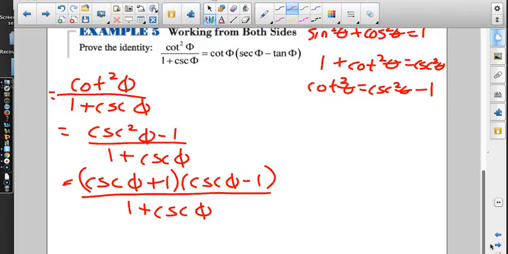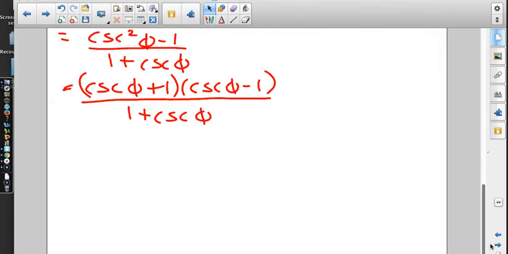Might bother some of you that it's 1 plus cosecant phi. If you want to add in another step where you reverse this down here, you can do that, but we wouldn't have to. It should be obvious to anybody that has any math skills that cosecant phi plus 1 is the same thing as 1 plus cosecant phi.